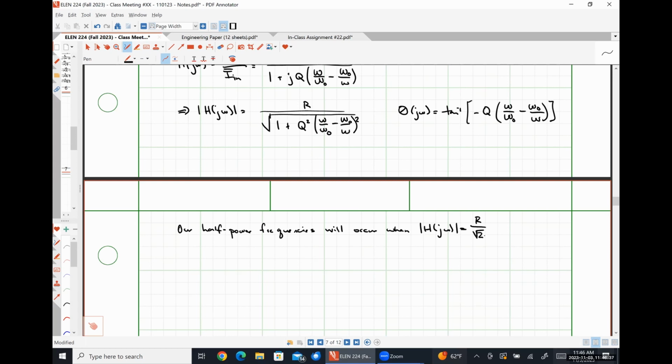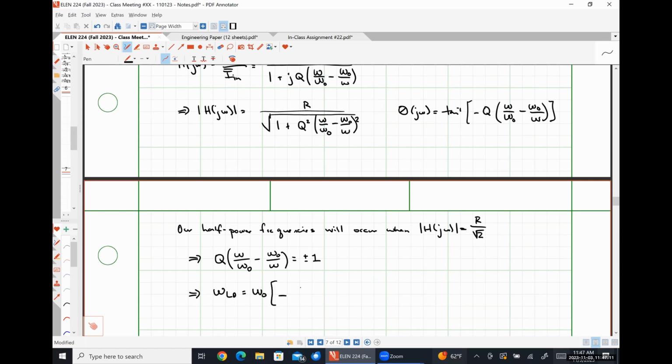So it's always the peak value divided by root 2. This occurs when Q times, sorry, I have that backwards, omega over omega naught minus omega naught over omega is equal to plus or minus 1. This is the exact condition that we were dealing with previously. So our omega low should be the exact same thing.